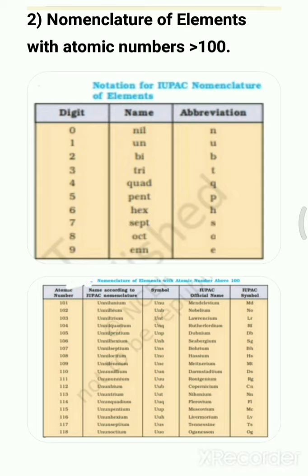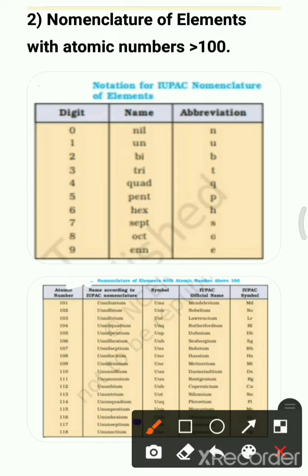Students, here one problem is going to be solved about the notations of the IUPAC nomenclature of the elements as given in the table. What would be the IUPAC name and symbol for the element with atomic number 120?